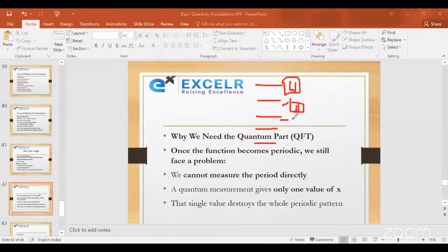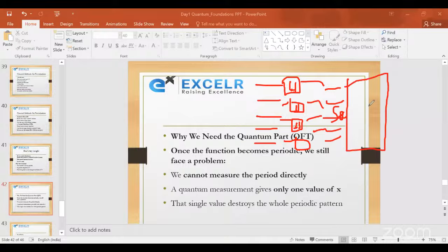What will this Hadamard gate do? It will convert everything into superposition states. After this, we have to apply some oracle UF. How to design this oracle? We have to keep in mind that it has to be designed for a to the power x mod n. This oracle should compute a to the power x mod n, only that. That is the work of the designer.